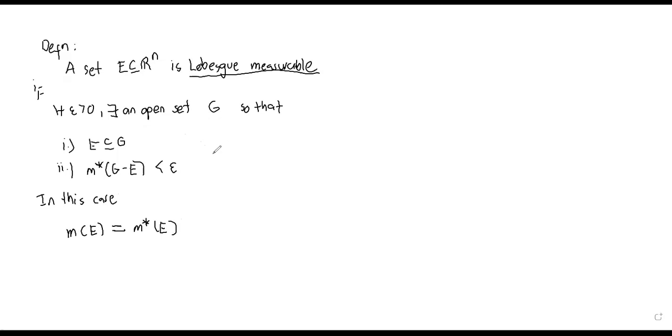Okay, so na-discuss na natin how to compute or how to find the Lebesgue outer measure of the given set. Okay, so kung kukunin natin ang Lebesgue measure ng isang Lebesgue measurable set, kahit kunin lang natin yung Lebesgue outer measure, so that's it. Okay, yan na yung Lebesgue measure. Okay, so let's proceed to example.